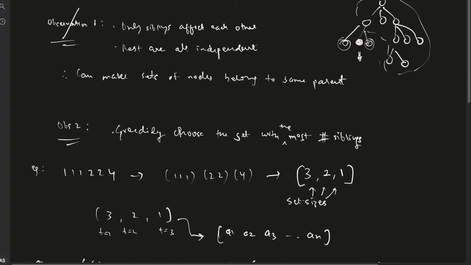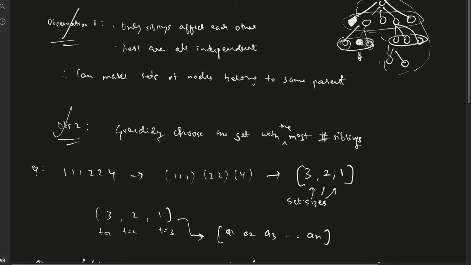And observation two is that it is always beneficial to choose the set of siblings which have the most number of nodes in them. So, for example, if this was our initial tree, we would have liked to choose one of these five vertices first.